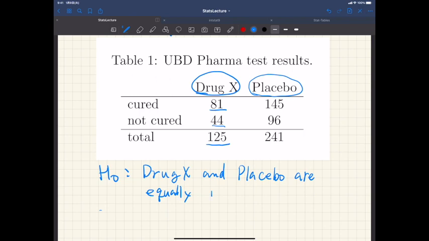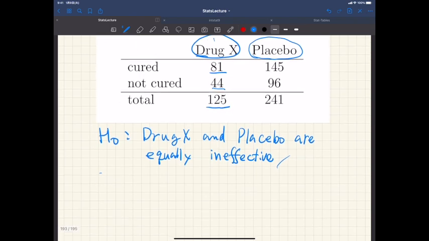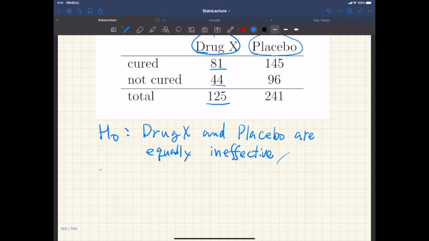So they're not effective. And if we can reject this hypothesis in favor of drug X, then indirectly we show that this drug is effective.